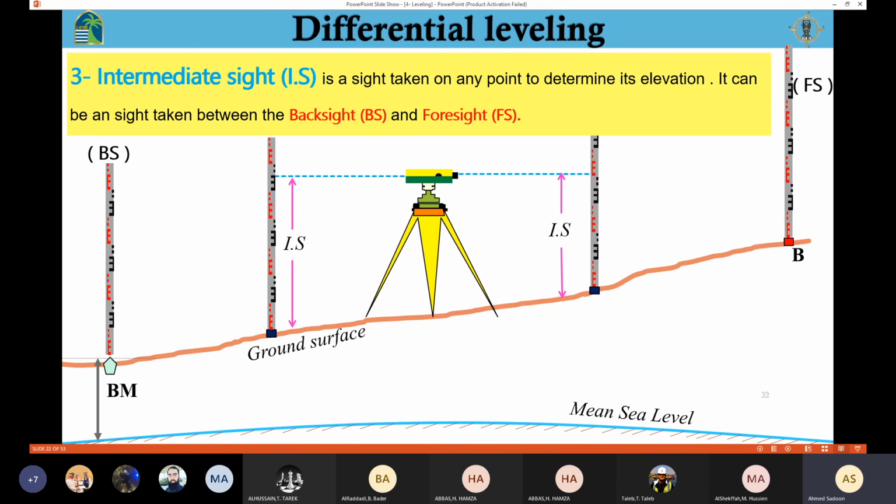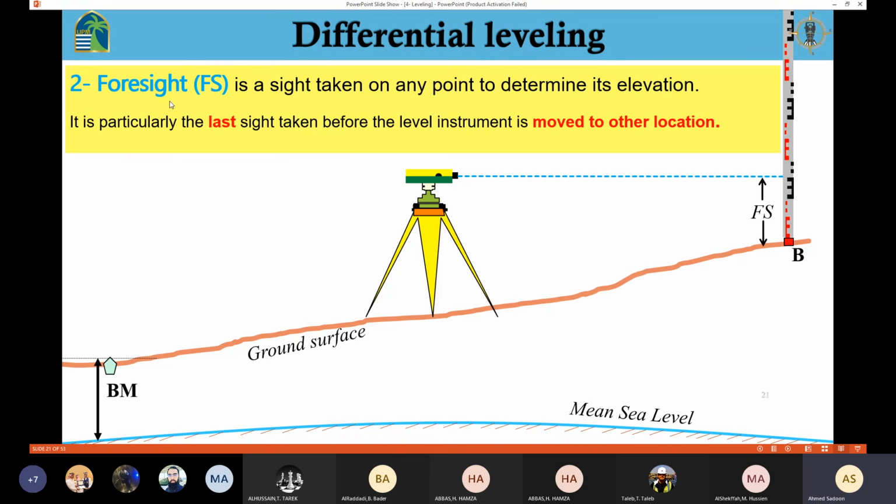We need to know its elevation. Okay, but the foresight is the last point after which we are going to move the instrument. So this one is the last point. So the difference is that the foresight is the last sight taken before the level instrument is moved to another location.